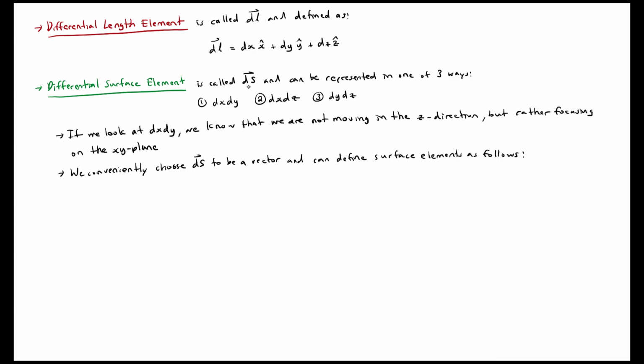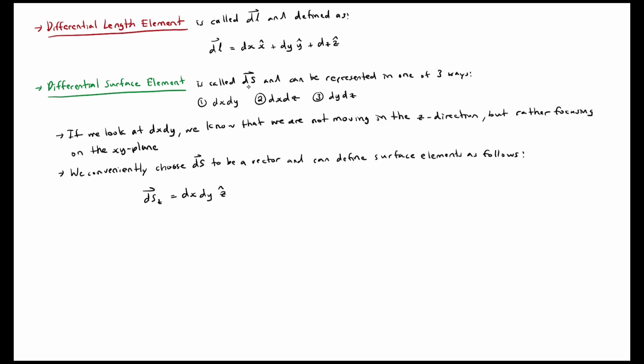So it means that we would have three equations for our differential surface elements. We would have dsz equals dx, dy. When we multiply the two vectors together, we know that the solution is going to be in the direction orthogonal to the two vectors. So it's the one variable that hasn't been involved in the multiplication process, which is z.